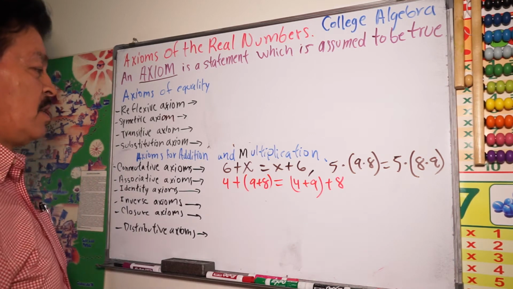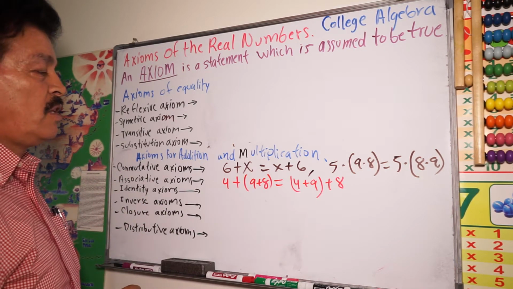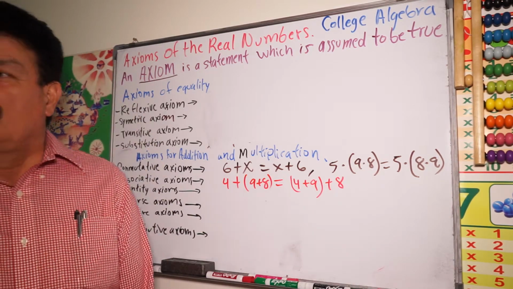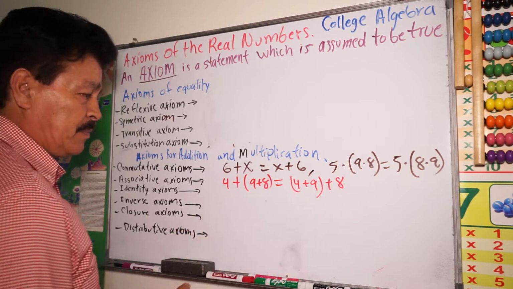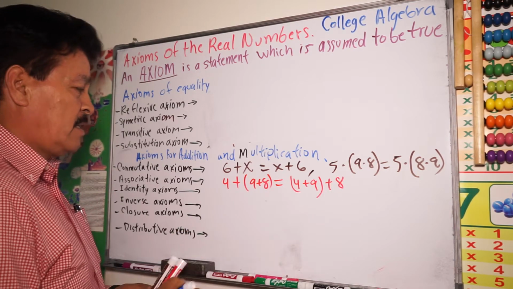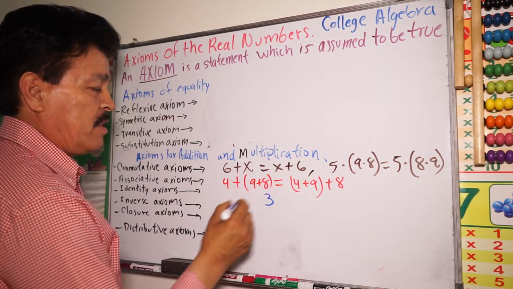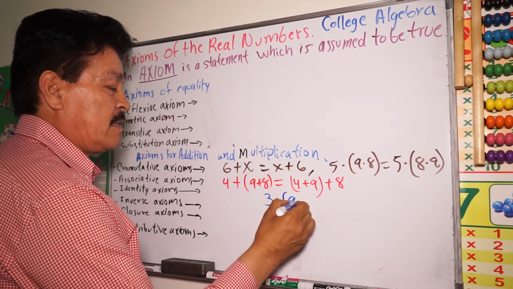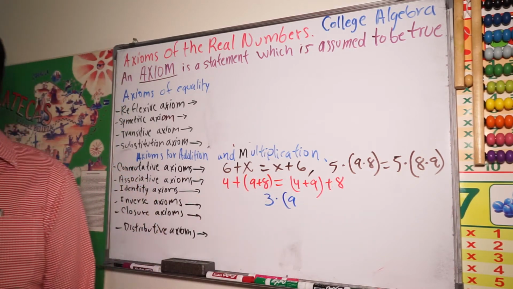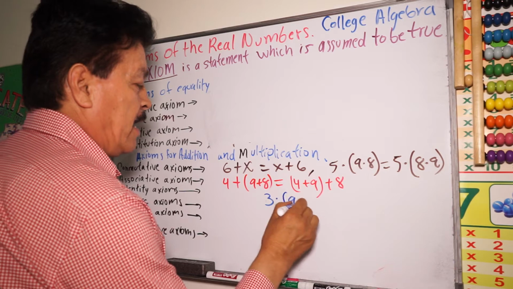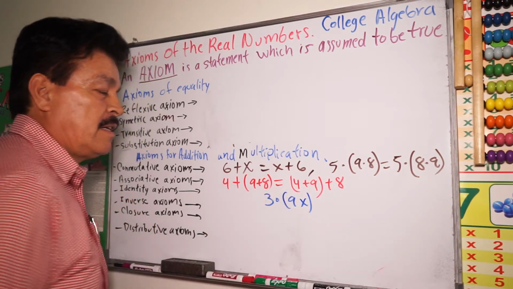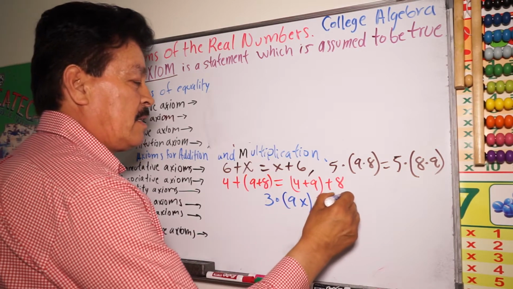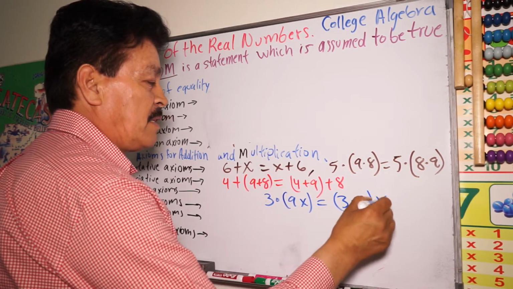Another example of associative: 3 times 9x is the same as 3 times 9 times x.